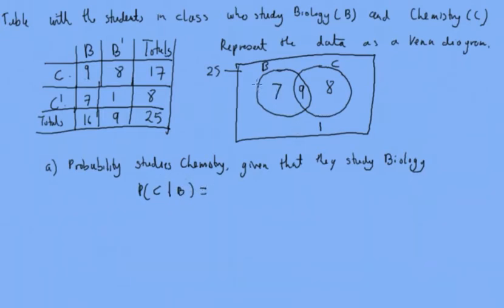So there's 9 students that study both chemistry and biology, and 16 students study chemistry altogether. So that's our total, and out of those 16, 9 of them study biology.